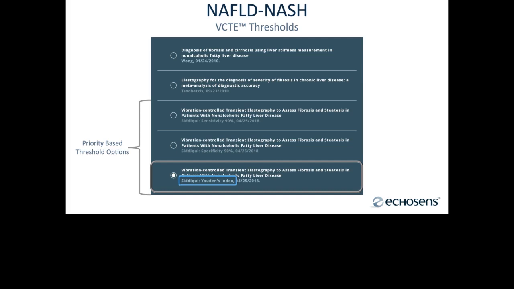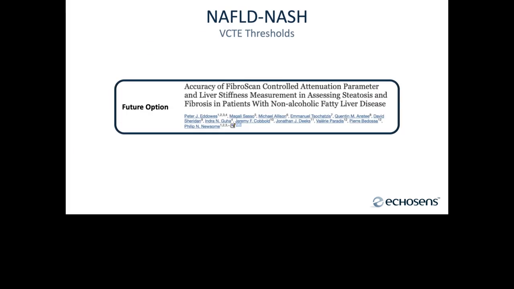So what that would do is you would pick whichever of these 3 that you preferred based on the patient's condition and the patient management decision that you want to make. For example, you might pick the sensitivity priority if you were trying to get high negative predictive value.